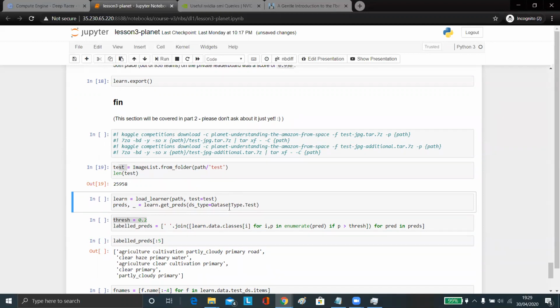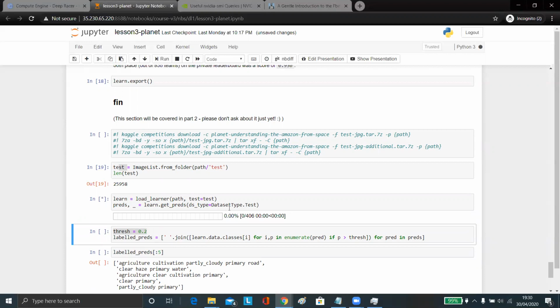It doesn't look like it. Yeah, that of course will take a while as well because it's going back to the hard drive. But again, it's only 26K images, so we're nowhere near as bad as what we were doing before. Yeah, should be about a tenth of the time.